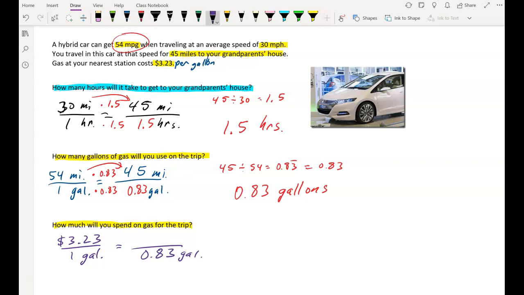Well, how do I get from 1 to 0.83? Well, I'd have to multiply times 0.83. 1 times 0.83 equals 0.83. 3.23 times 0.83 is $2.69. So how much will we spend on gas? We will only spend $2.69. Hybrid cars. All right.